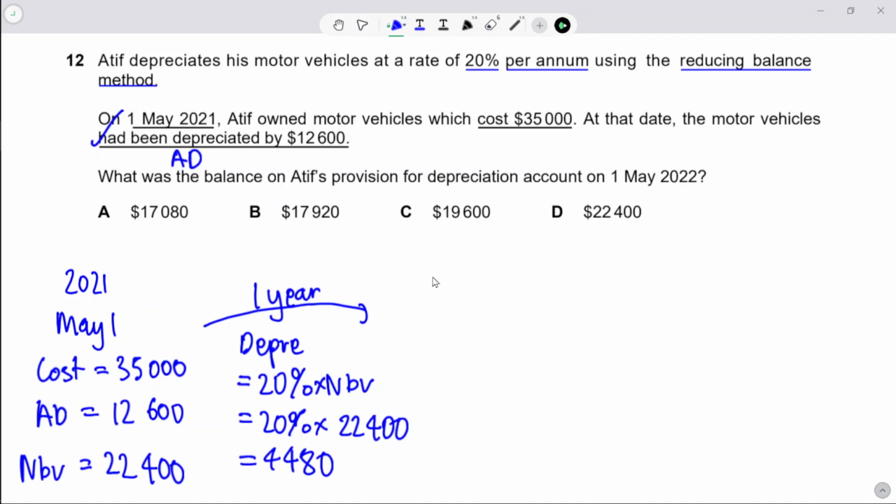So 1 year is AD. AD is actually this at this.